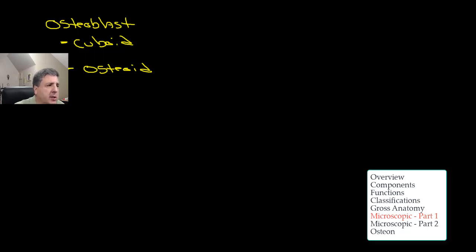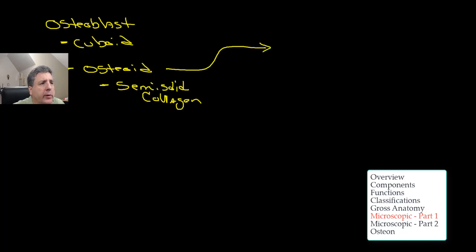It secretes osteoid, which is semi-solid collagen. Okay, semi-solid collagen, and this osteoid is actually the matrix. This makes the matrix.